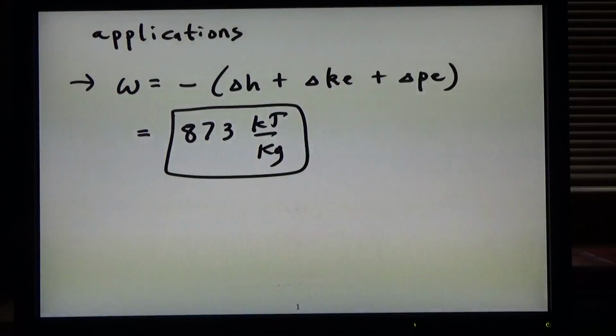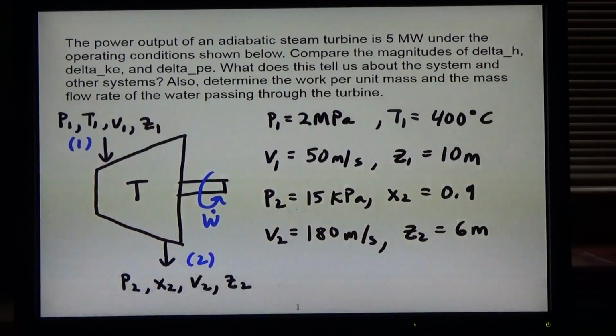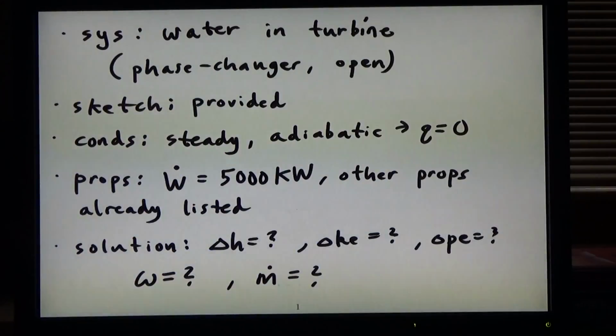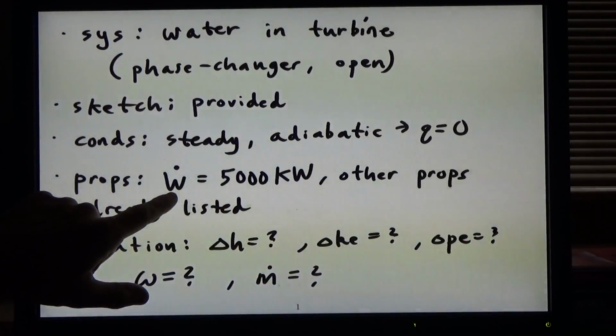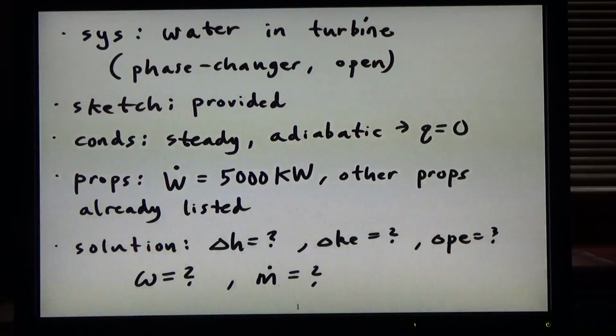Is there any other information that we know about the system that we haven't made use of? We've made use of all of the properties. Here we go. We haven't made use of anything with the power. So is there a way that we can use information about the power to calculate the mass flow rate?